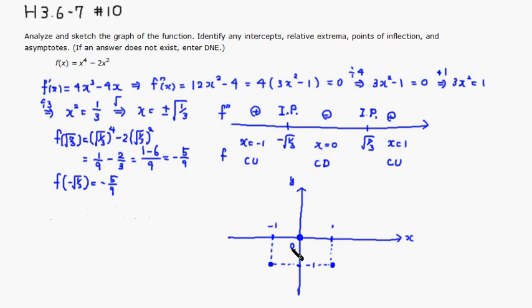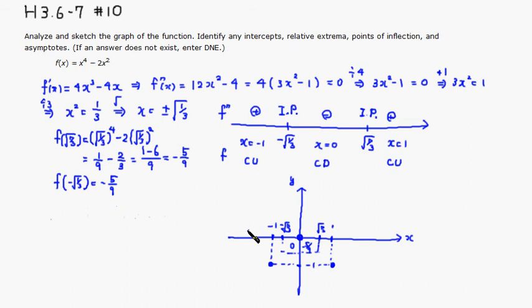Then going down, going up, going down, and for the concavity, the inflection point is negative square root of 1/3, and it's -5/9, so it's got to be somewhere over here. The same thing with the positive square root of 1/3.